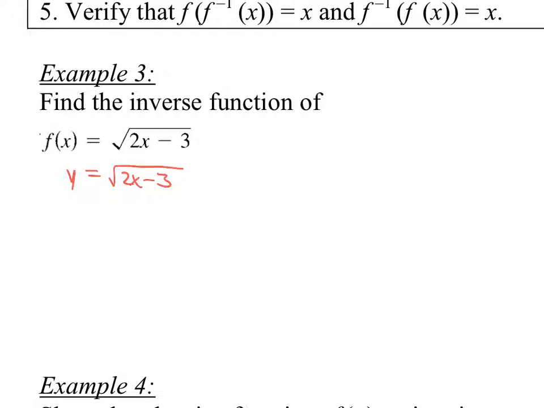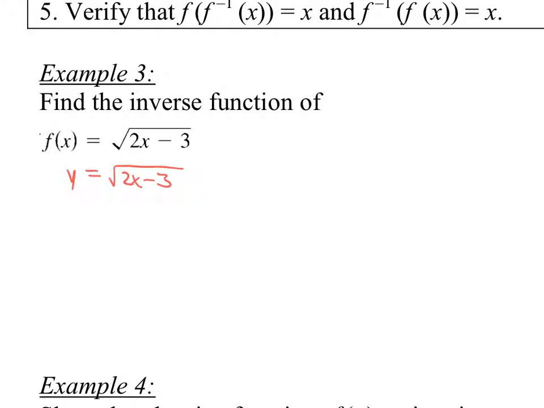Because I know the parent function, I know that this is the radical function, but it's been shifted a little bit and stretched, but I know the general shape looks like this. And that's going to be 1-to-1. I know the radical function is going to be a monotonic function. So I verified, at least mentally, that it is going to have an inverse.